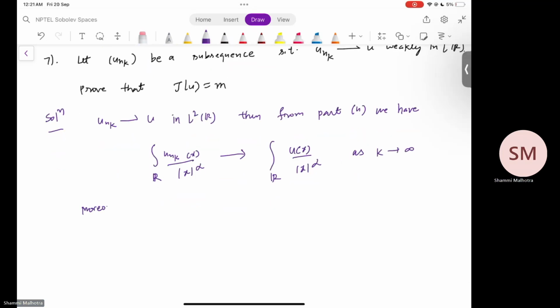Moreover, from the weak convergence, we have the lower semicontinuity property.